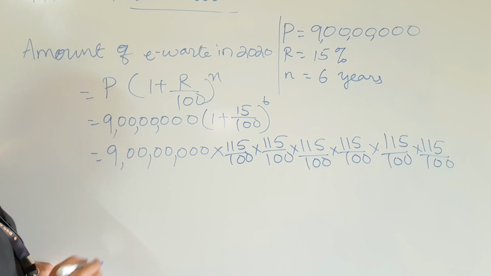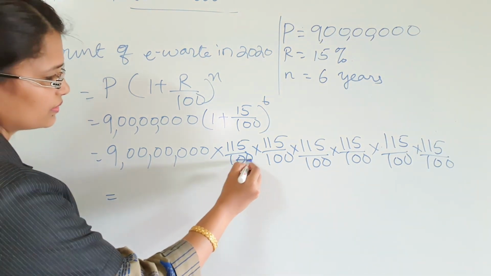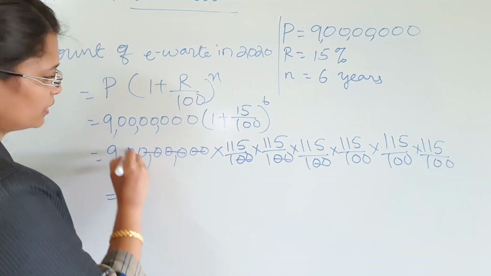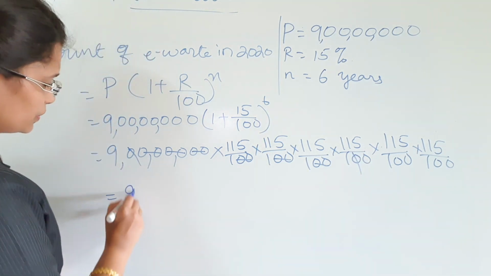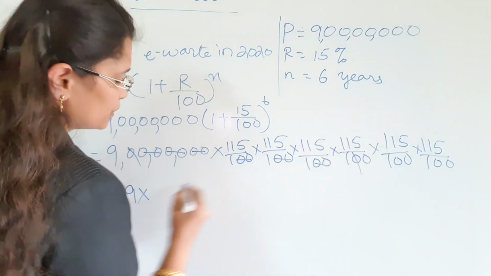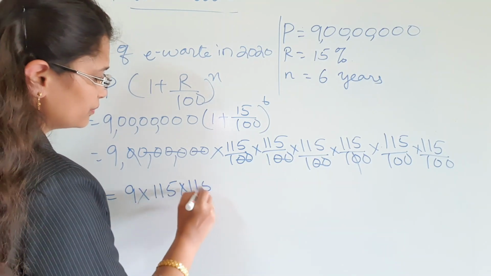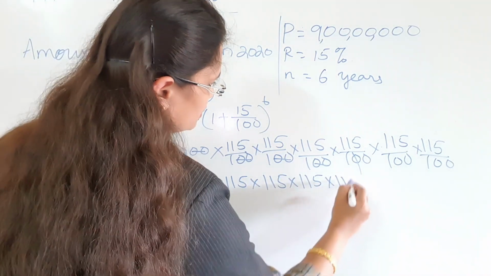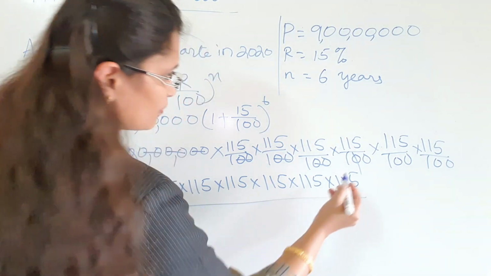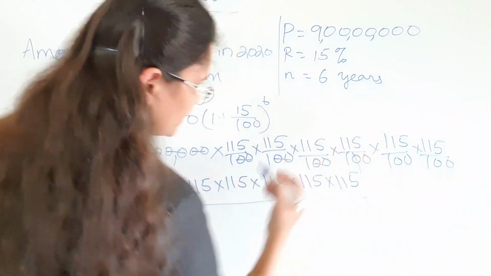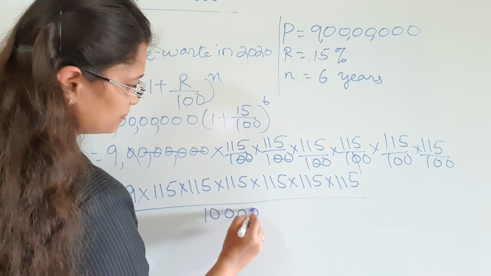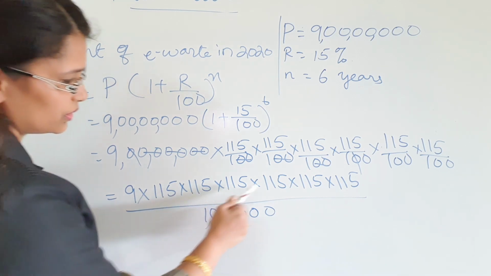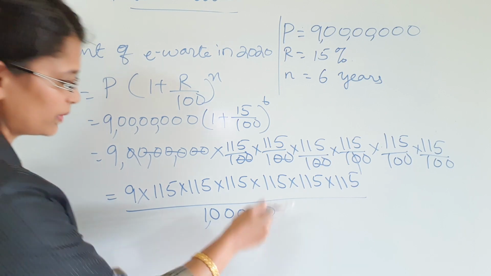115 by 100 is equal to, cancel the zeros: 2, 2, 2, again 2, 2, then 1. It is equal to 9 into 115, 6 times you have to multiply, divided by 1, 2, 3, 4, 5 zeros, that means 1 lakh. 9 into 115 six times divided by 1 lakh.